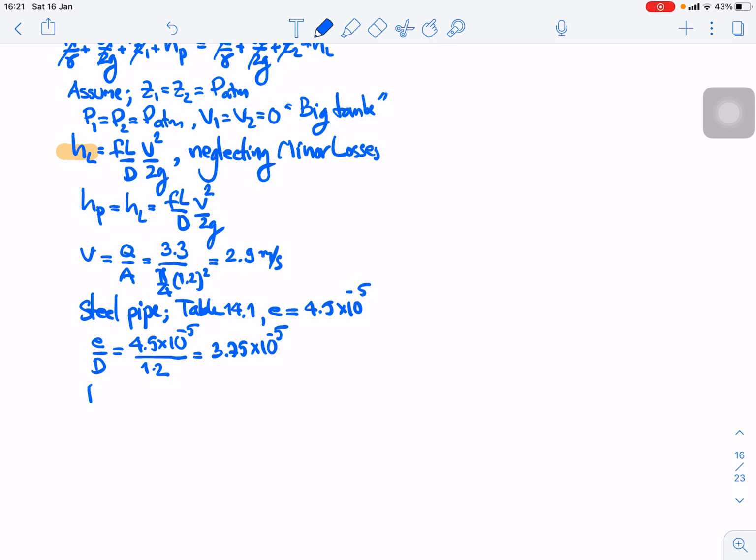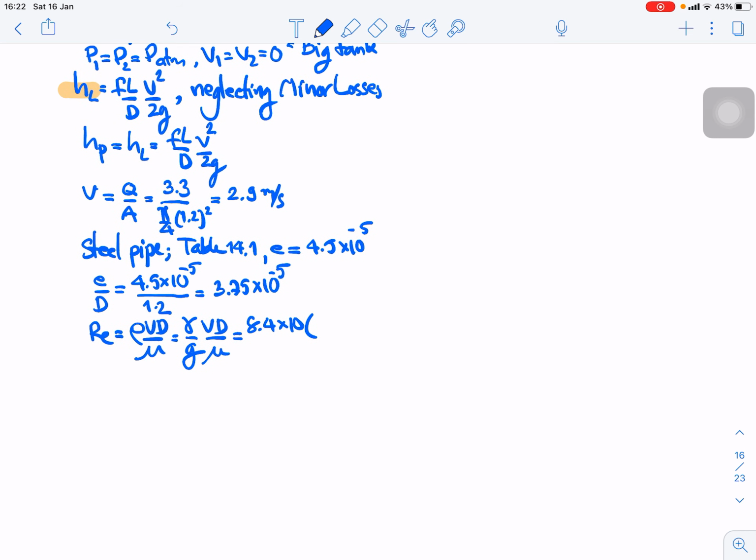And next we check the Reynolds number, which is equal to specific weight, velocity and diameter, divided by g and viscosity.